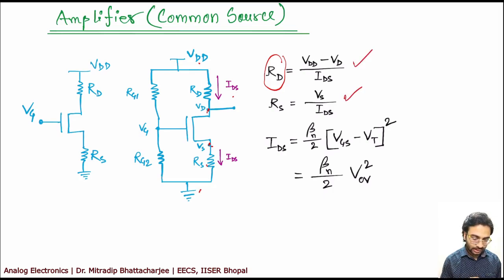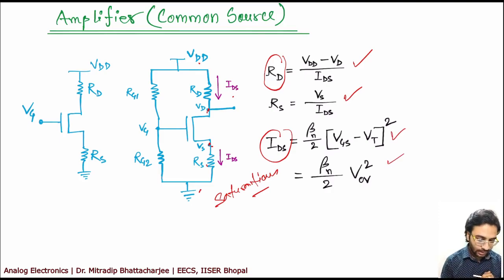This is written here. And what is the value of IDS? Remember, we are only operating in the saturation region. So in saturation region, your IDS value is beta n by 2 (VGS minus VT) whole square, which is also beta n by 2 VOV whole square, right? So these are the equations for this biasing.